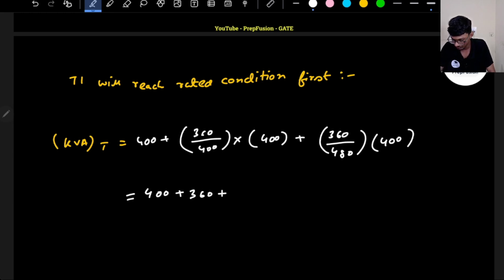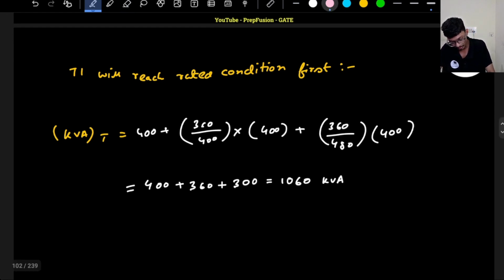This will be 480 into 360 into 400, so this will be 300 only. So this will be 700, 1060 kVA. Okay, so this value will be 1060 kVA.